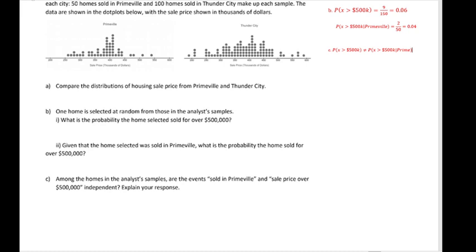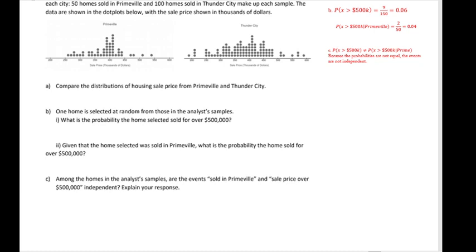So because that conditional probability is not equal to the probability without the conditional there, those events are not independent. All right, that gets us through part C.